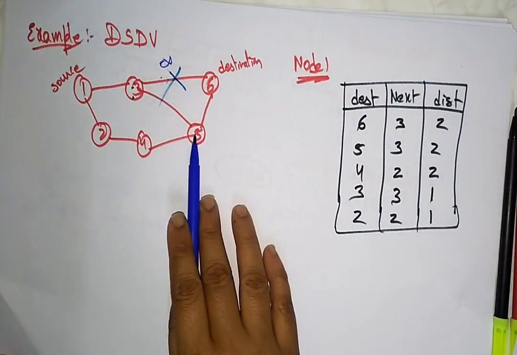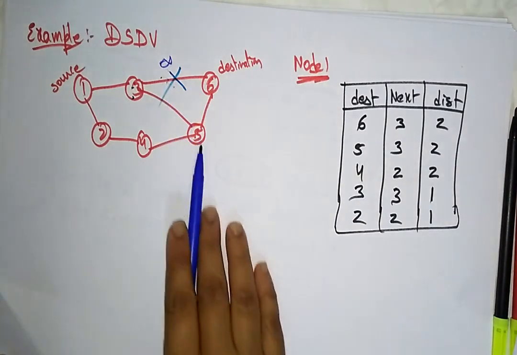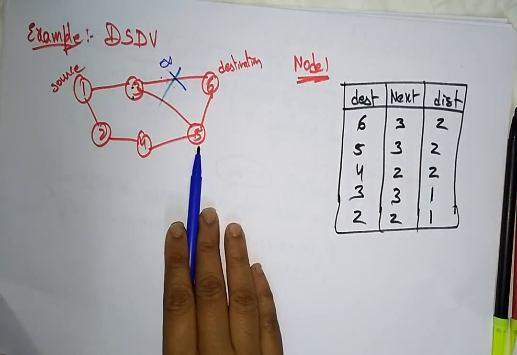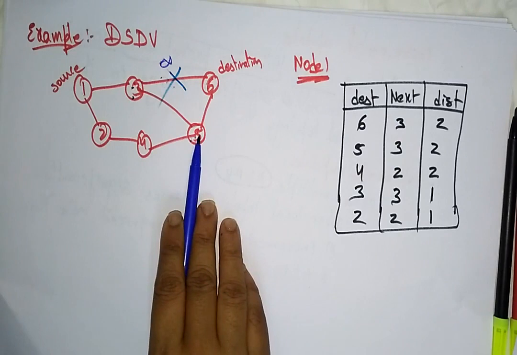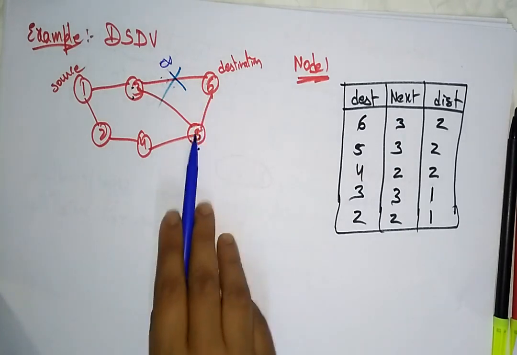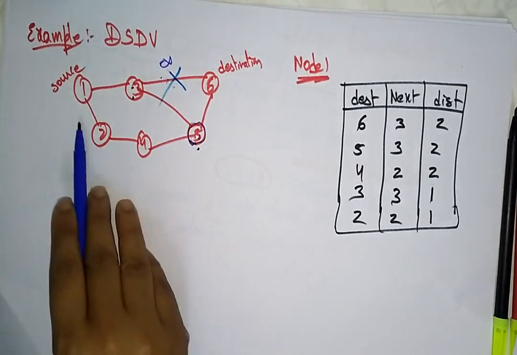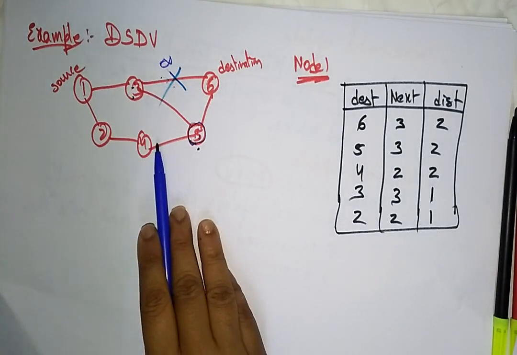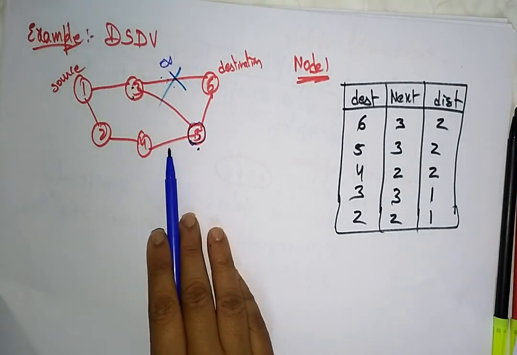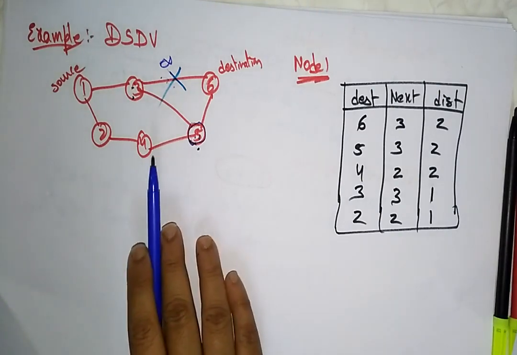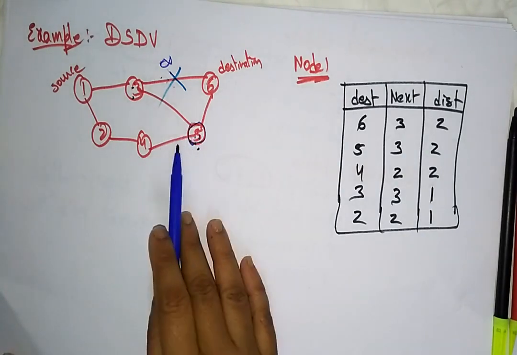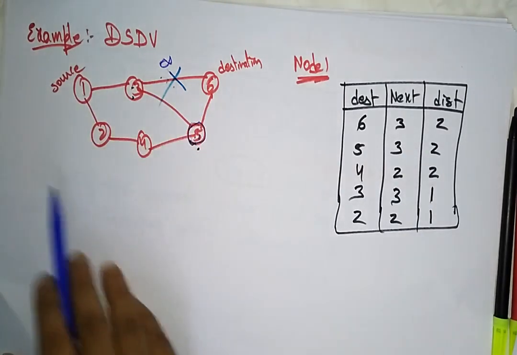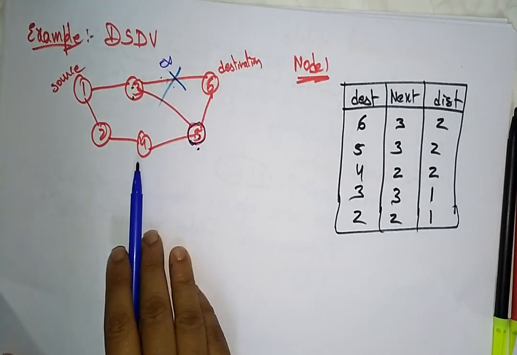Node 5 receives an update message informing its neighbors about the shortest distance to node 6. Node 5 is intimating that the shortest distance to node 6 is through it, and it informs every node like that. This information is propagated through the network and all nodes update their routing tables.